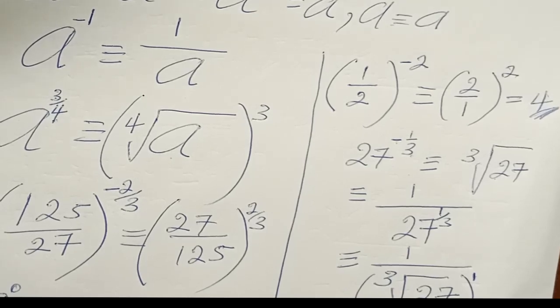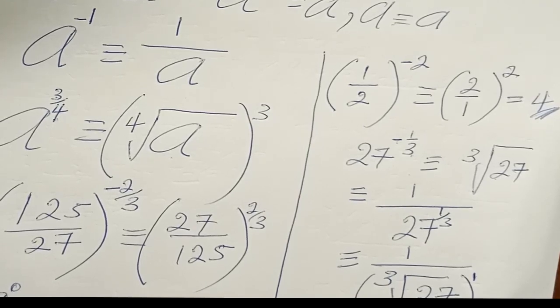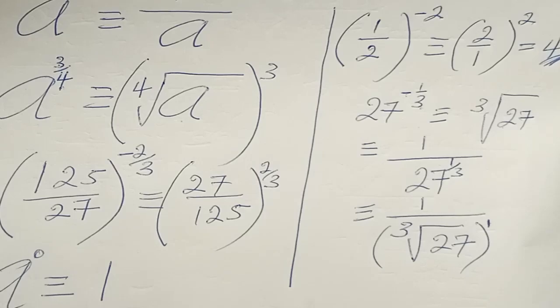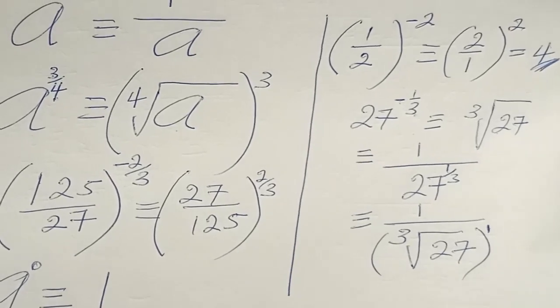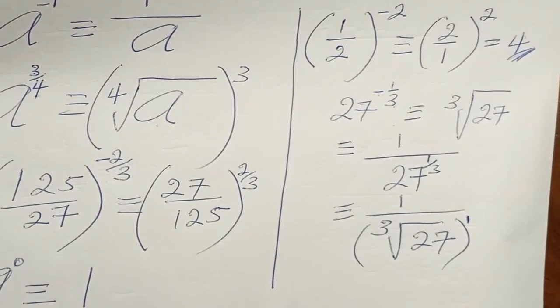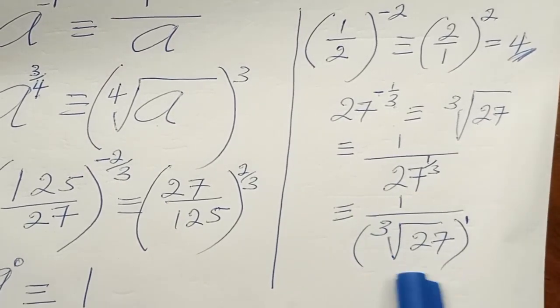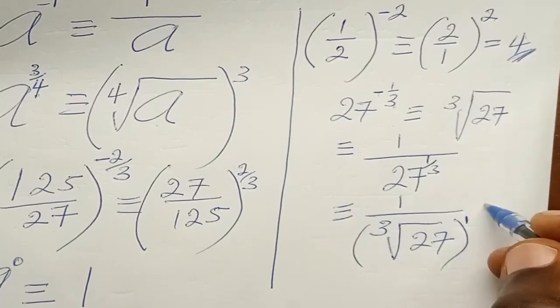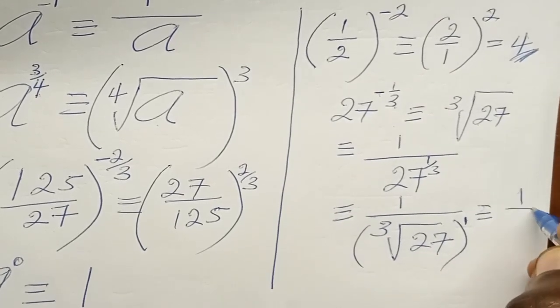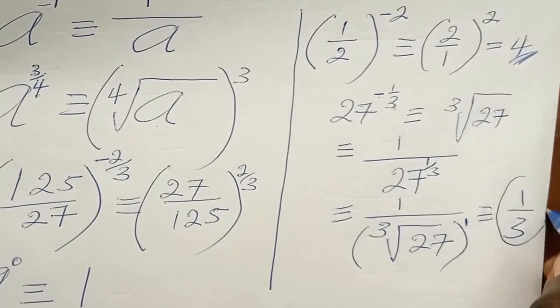It is going to be 3, because 3 times 3 is 9, and 9 times 3 is 27. So the expression will be 3 in this area, so it is the same as 1/3. So this is the right answer.